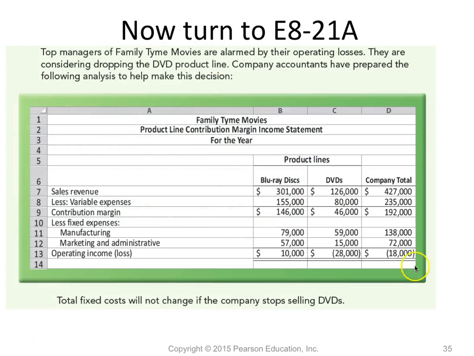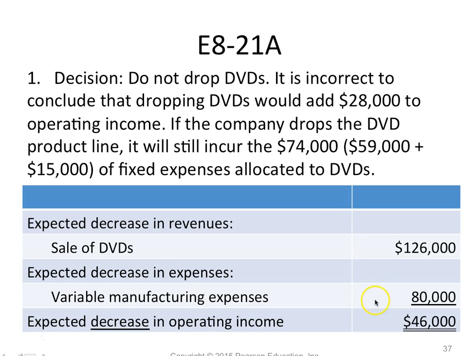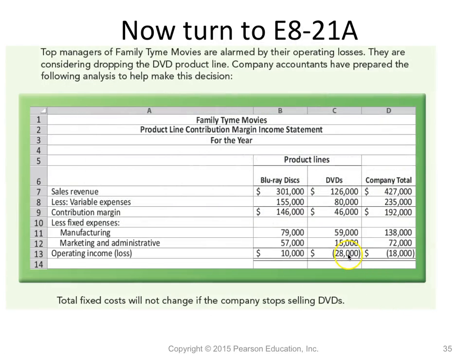Yeah, 126. We have 80. Then we have $46,000 as the contribution margin here. And then this is expense, and the fixed cost is here.